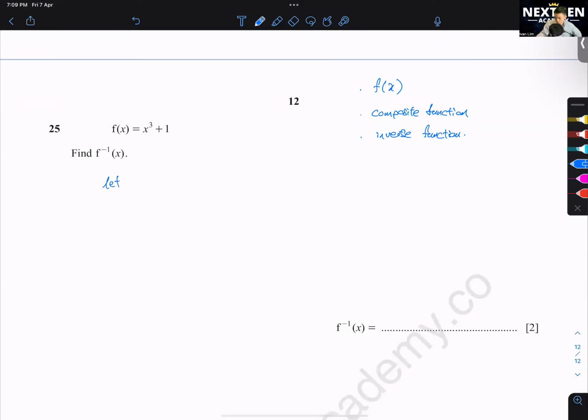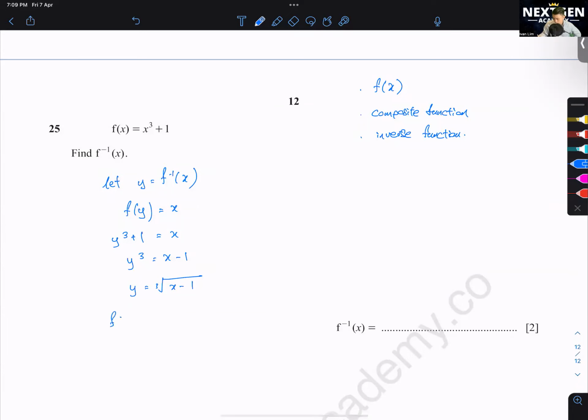Okay, we start with this statement. Let y equals to f inverse x. Then f(y) equals to x. So you will get y cubed plus 1 equals to x. Y cubed equals to x minus 1. Y equals to cube root of x minus 1.